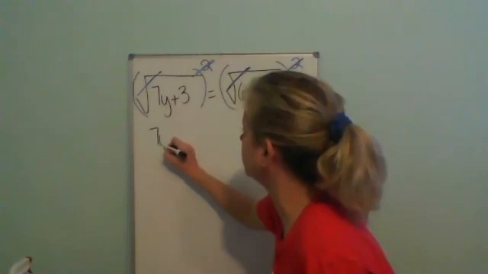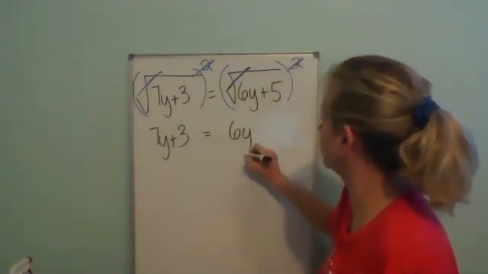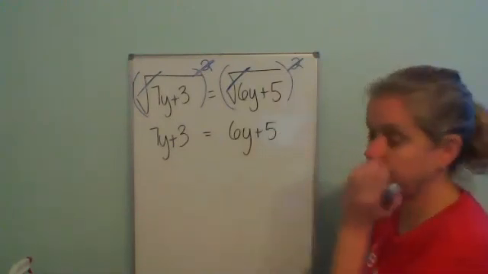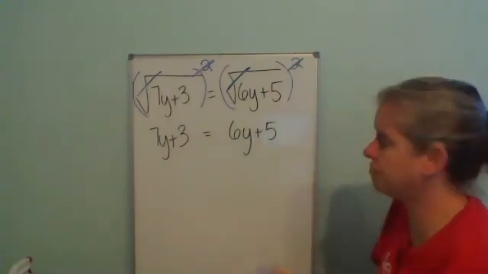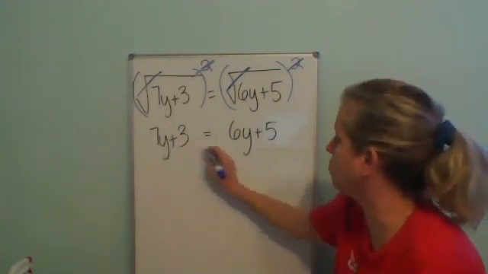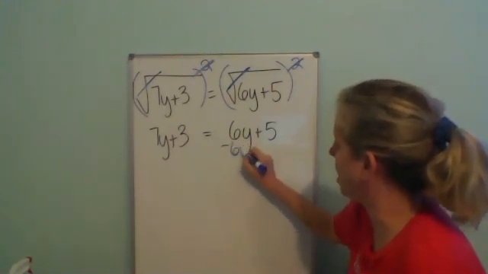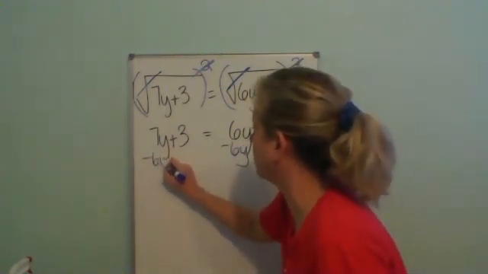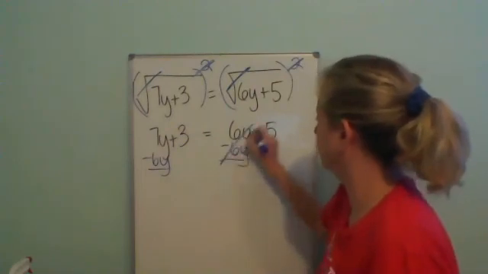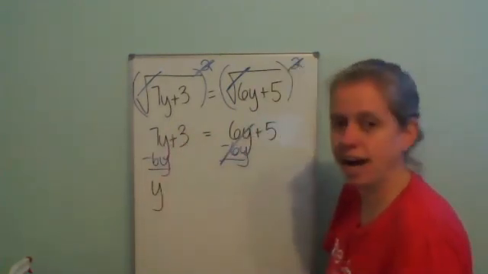So I'm just going to have 7y plus 3 equals 6y plus 5, and then finish solving for y. So we'll have y's on both sides. I'm going to cancel out my smaller y, so I'm going to subtract 6y from both sides. 7y minus 6y is just y.